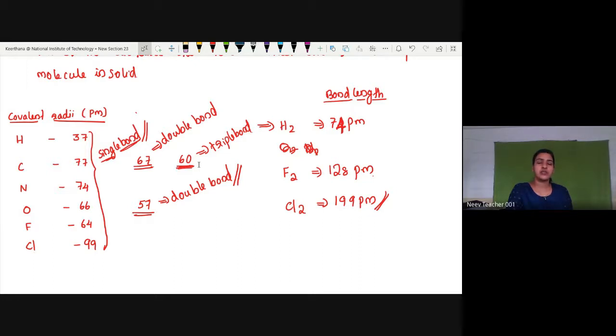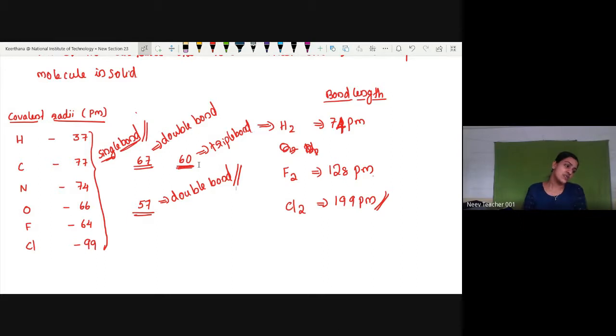I don't remember the proper definition. It is simply the energy needed to break that bond, and bond order is directly proportional to bond energy. Bond energy and bond enthalpy will be clear in detail in the thermodynamics chapter, so I'm not going to discuss that now.